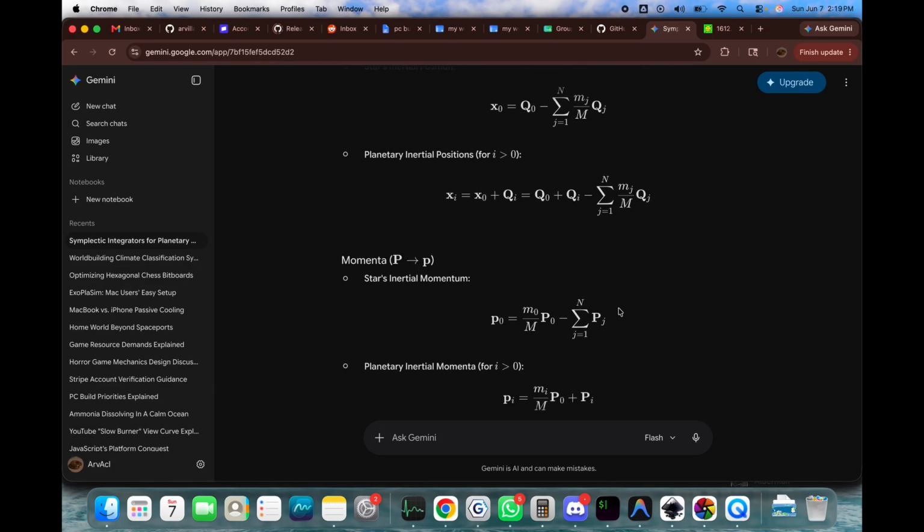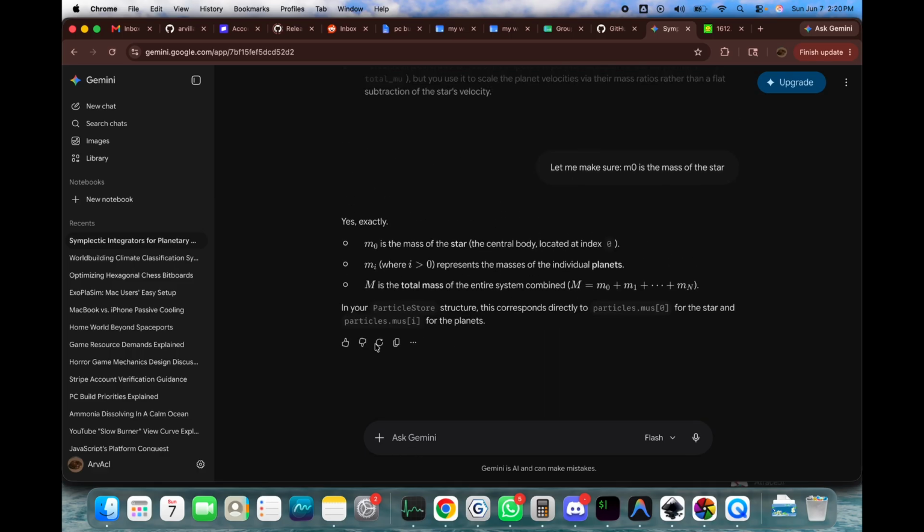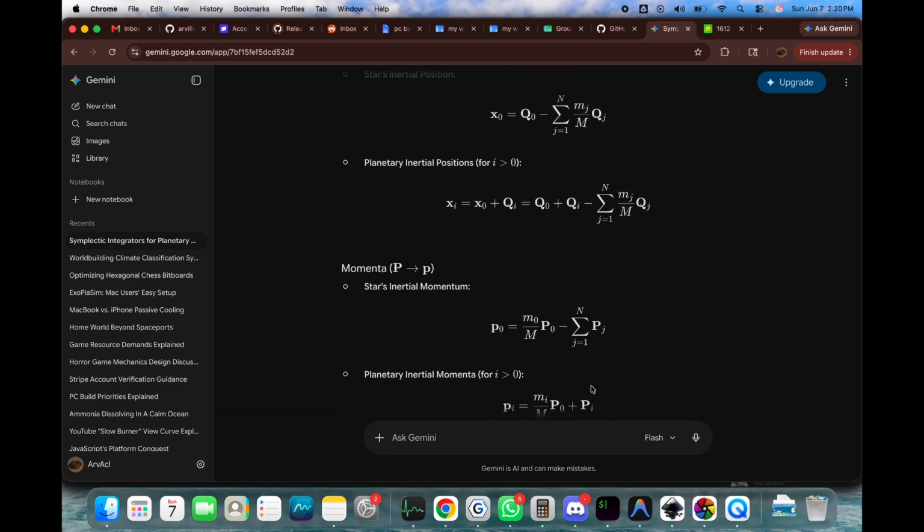Okay, so we'll analyze this part. Star's inertial momentum and momentum here, it's literally just mass times velocity, so I can just divide by mass. Okay, so I assume M0 is just the mass of the star. Okay, good. I'm not being stupid.